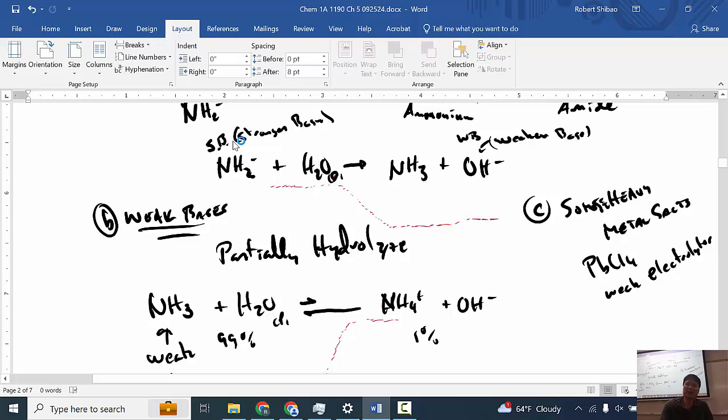Because some of these heavy metal salts have quite a bit of covalent type bonding associated with them. They're not purely ionic. Significant covalent.